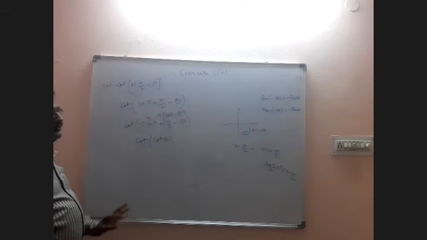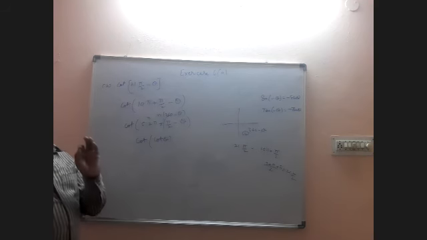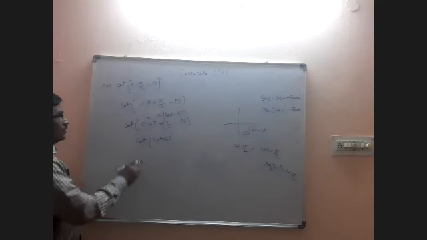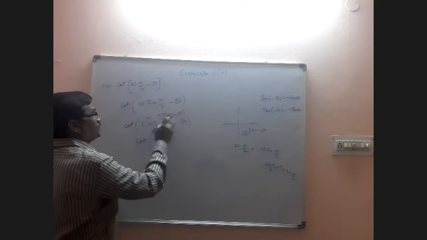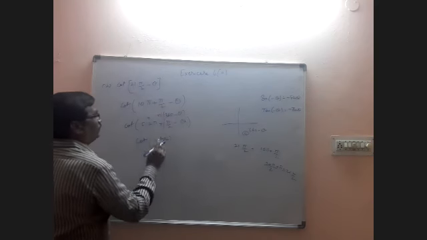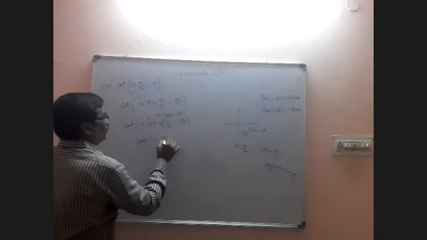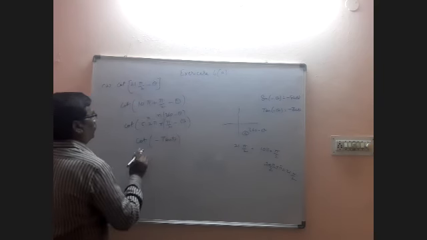In the fourth quadrant only cos and sec are positive, remaining all are negative. So the result will be minus tan theta.